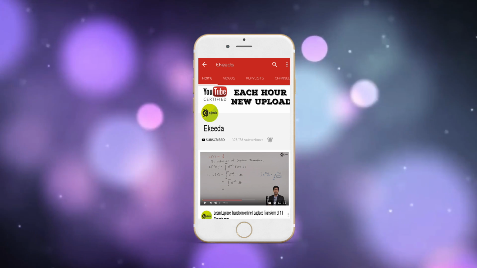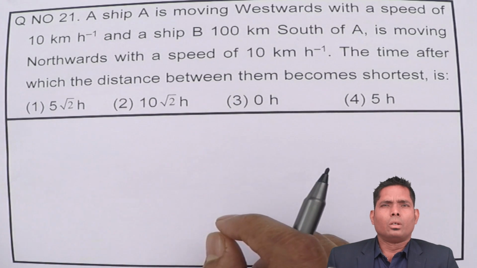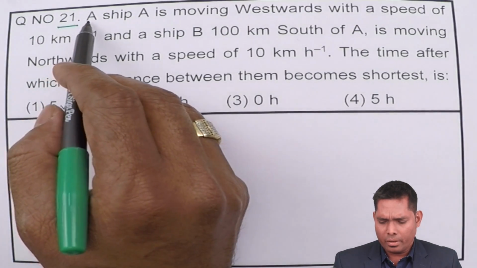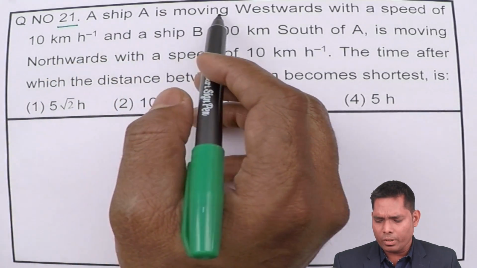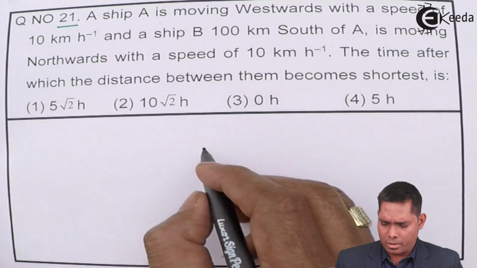Today, in this video, we'll discuss question number 21, NEET Physics paper 2015. Hello students, let us solve the next question, number 21. A ship A is moving westwards with a speed of 10 km per hour.